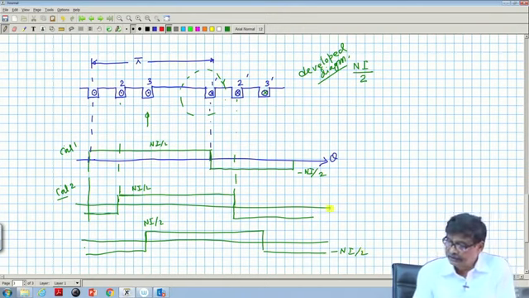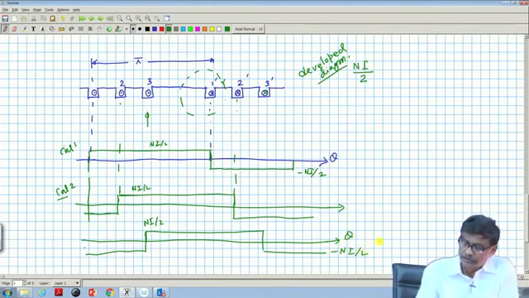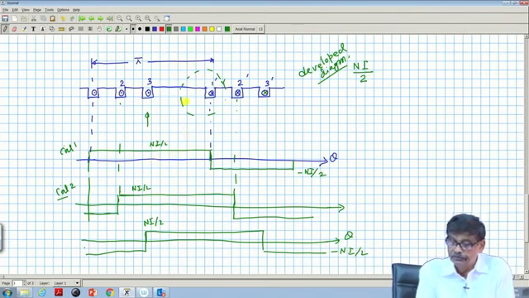Therefore, the resultant air gap. For individual coils I have found out separately. So, the resultant field because of this sort of current distribution will be the sum of these 3 waveforms. In this zone here in the middle, you see in this space all are additive, it will be 3 Ni by 2 in this zone.